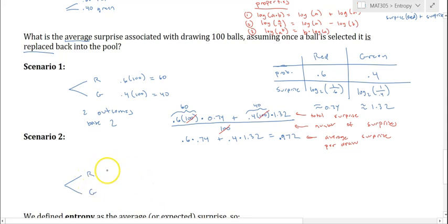let's find out. We have red occurring 90% of the time, which we would expect 90 reds, and again, we would only expect 10% or 10 greens, and based on what we did here, all we really need is this table.